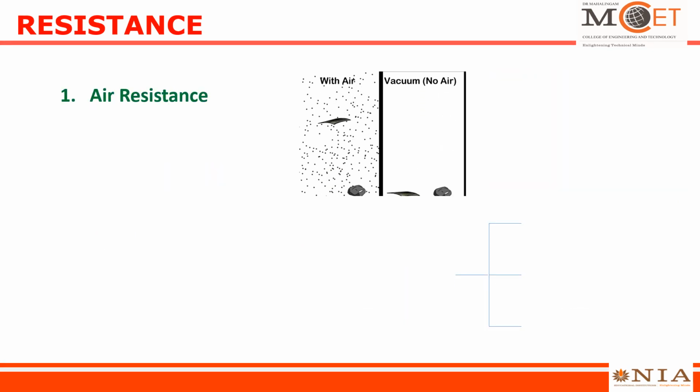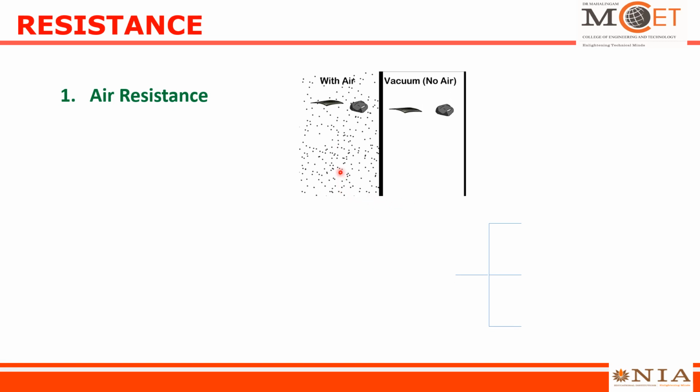First one is air resistance. Let us have a simple example here. We have two containers, one filled with air, another one is vacuum, there is no air. In vacuum, if you drop any two components, they come down quickly without any hesitation.